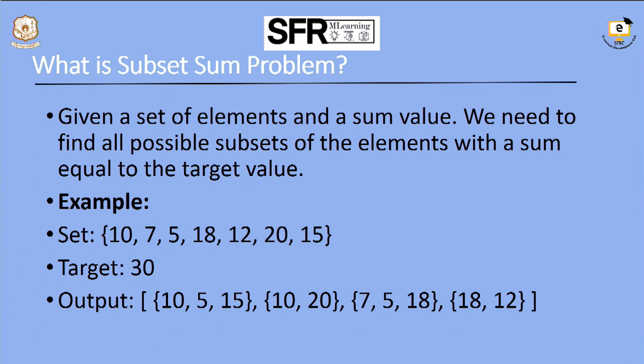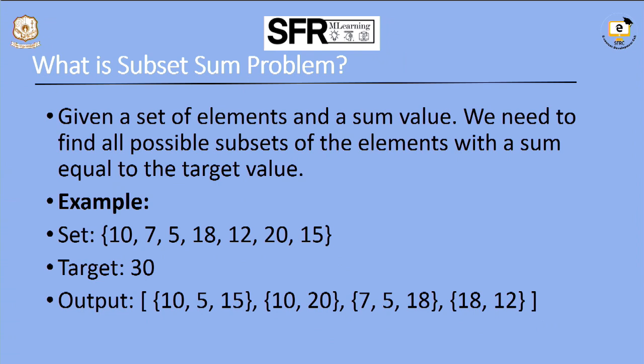In this example, we consider the set 10, 7, 5, 18, 12, 20 and 15. Since the target is 30, the elements 10 plus 5 plus 15 give the target 30, and another subset, 10 and 20, adds up to 30.